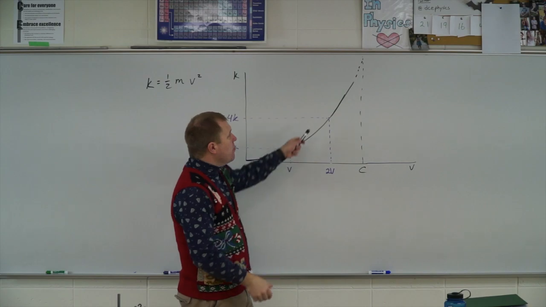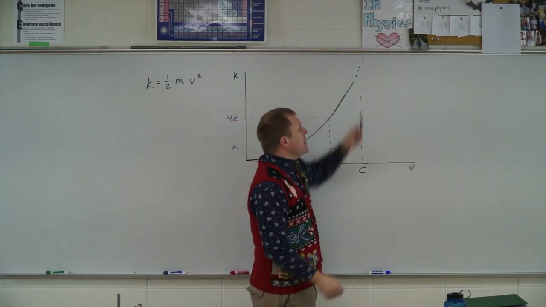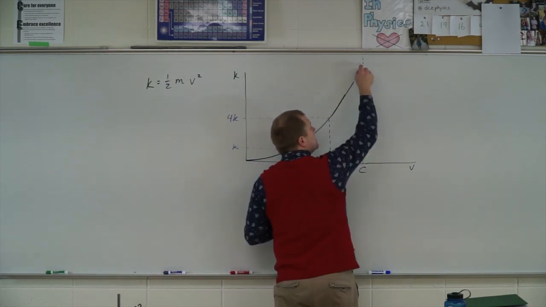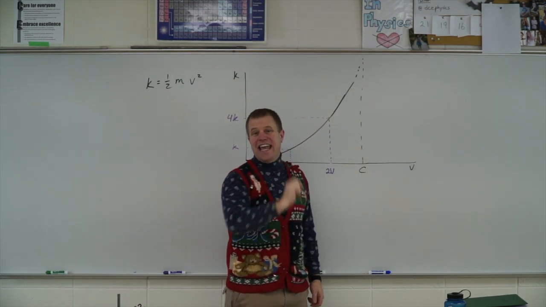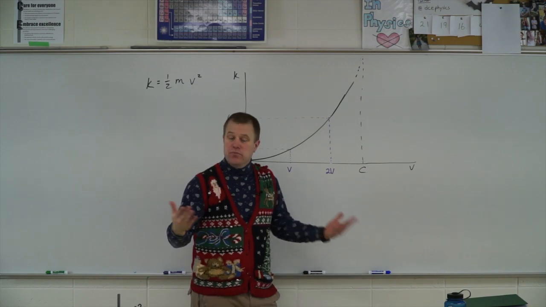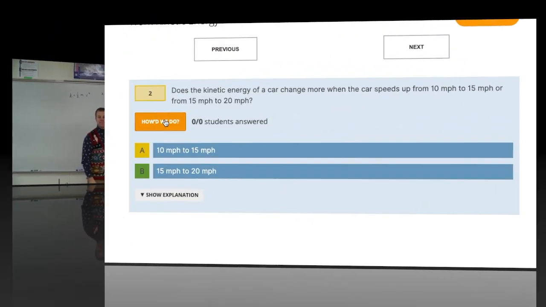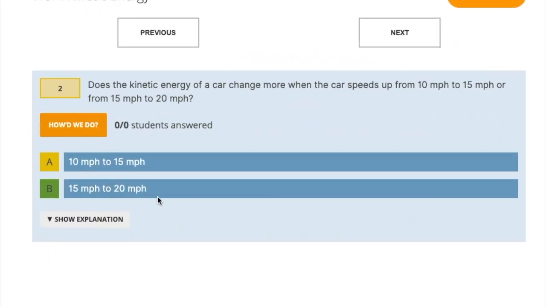And so if we take the limit as it approaches the speed of light, the energy is essentially infinite in order to get there. And so we can't get there. Correct answer there, 15 to 20, yes.